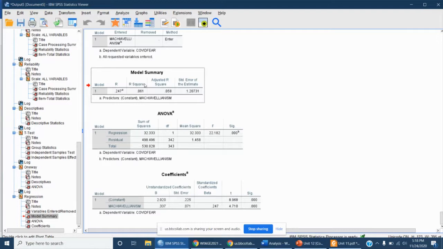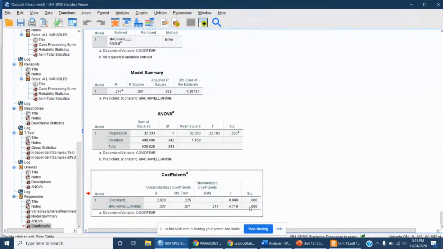But is this contribution significant? So I need to check my coefficients table and I need to check the significance value, the value adjacent to Machiavellianism. This value is lesser than 0.05. So it means the amount of change being produced by my IV is a significant change.